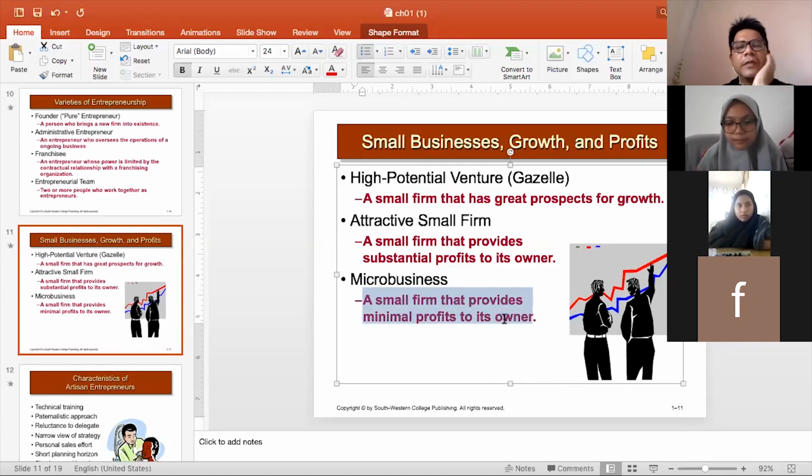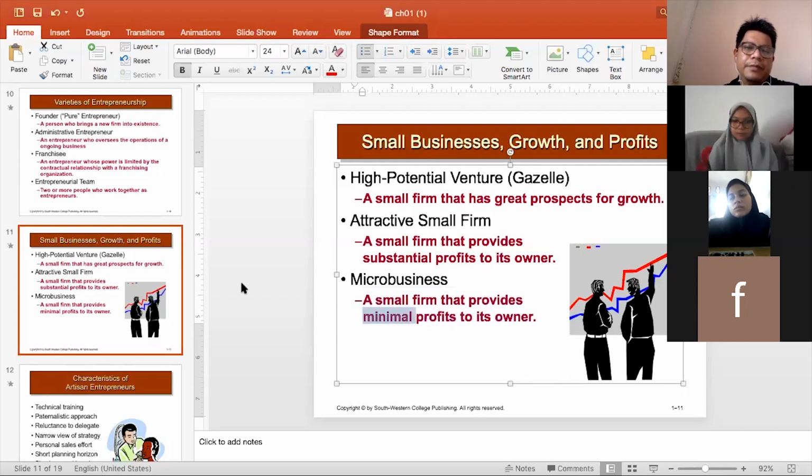Actually it's not supposed to be just like this. Micro businesses, of course, can provide profits bigger than the expectation. It depends on how they do the business model. It's not always minimal.